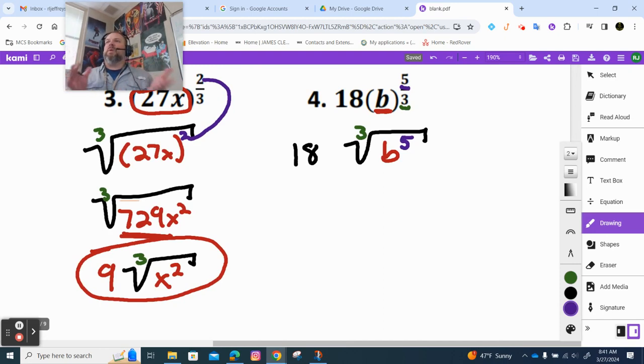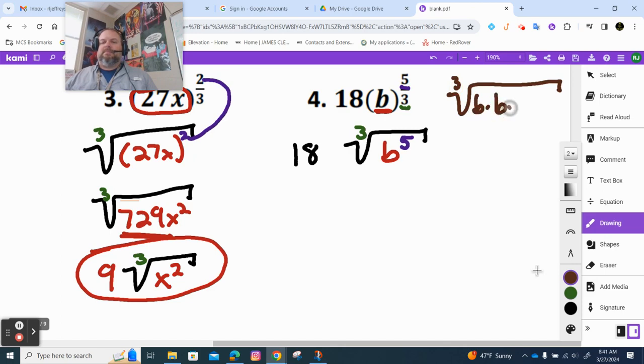Now, we can actually trim this down a little bit more. And remember, we're not dealing with the 18 because it's not in the parentheses. The only thing being raised is this right here. Think about it like this: b to the 5th is like there are 5 b's right there.